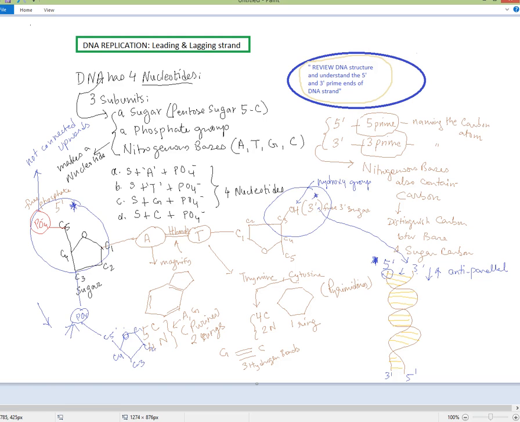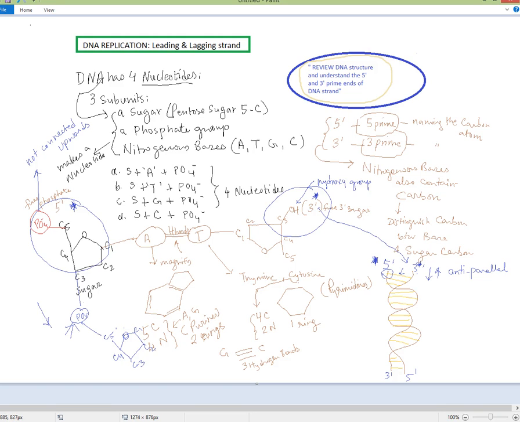Similarly, when you look at the bottom, it is the same way. Just imagine that at this C3, carbon 3, this is the end, and there's nothing here, only a hydroxyl group like we showed at the top.